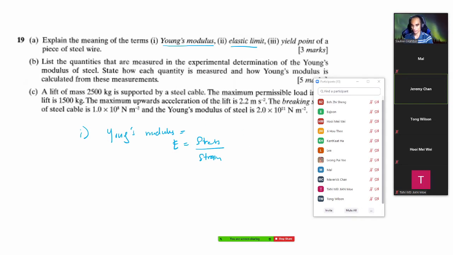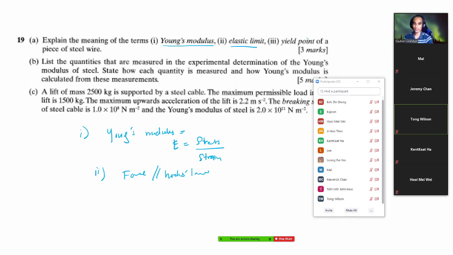So the length of the material still obeys Hooke's law, directly proportional to the force. It is the range where Hooke's law is still obeyed. You can use that term.